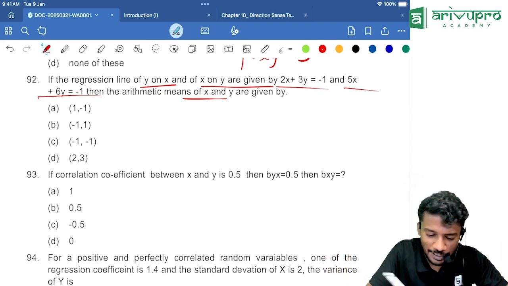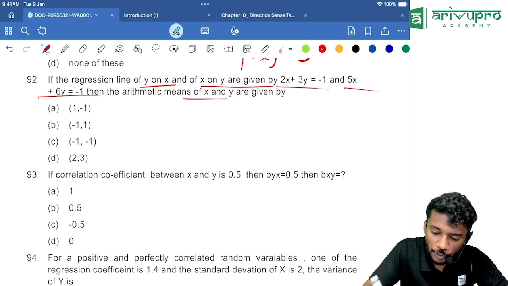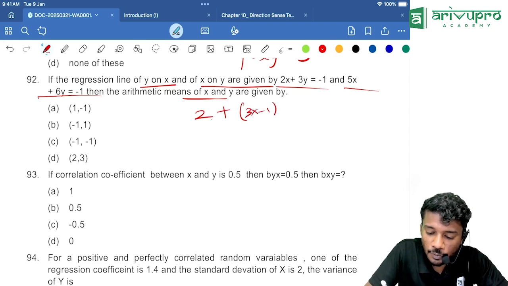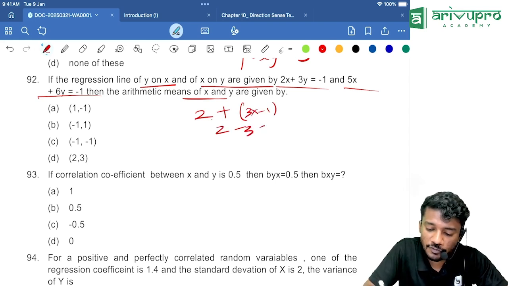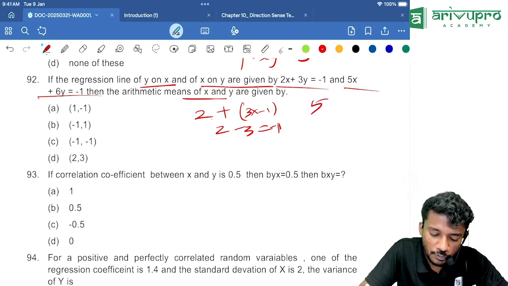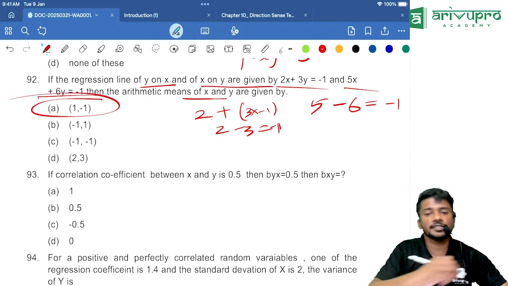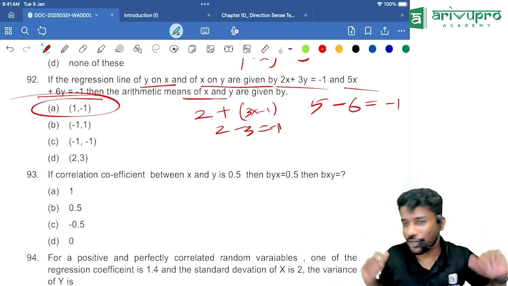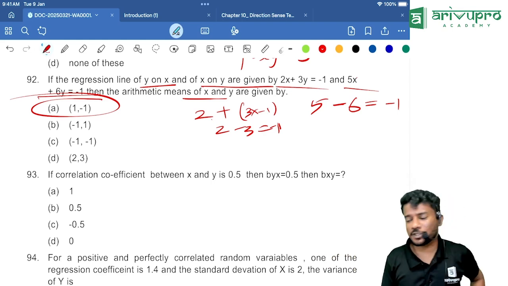For example, take option A. Put 1 and minus 1. That means 2 into 1 plus 3 into minus 1, that is 2 minus 3, which is equal to minus 1. That is satisfied. Try the second equation. 5 minus 6, which is equal to minus 1. So option A is our answer. Just substitute it or solve it, anything is fine.